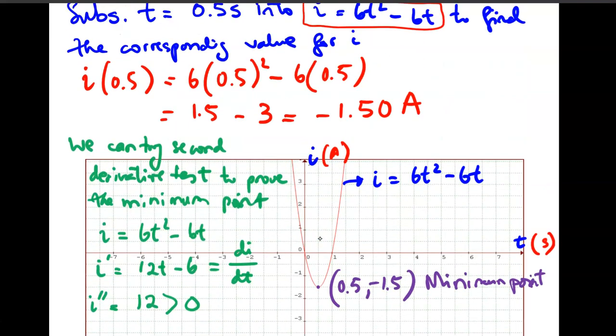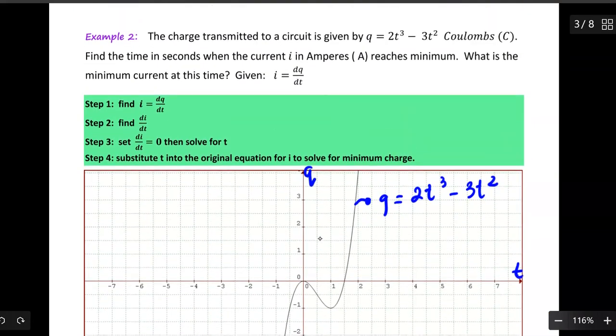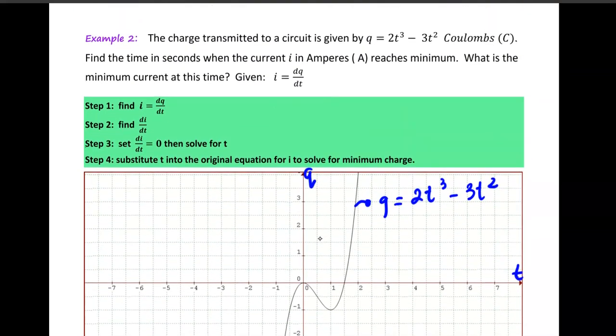So you can conclude for this question that at the time t equal to 0.5, the minimum current reaches negative 1.5 amperes.